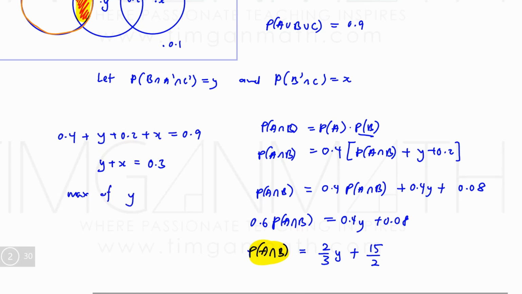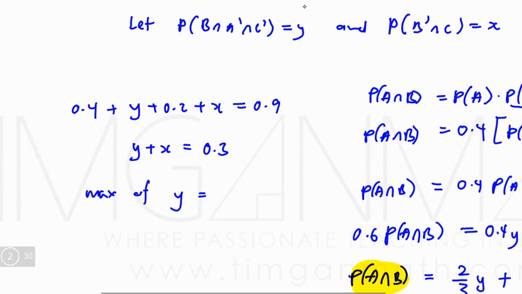No, you must understand that this 0.3 can distribute among X and Y. So you can just free for all. You can distribute it. So max of Y is how much? It's just 0.3. Min of Y is just 0.